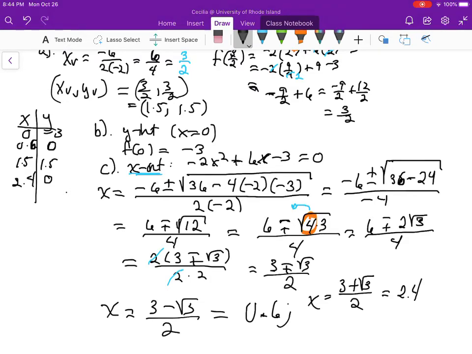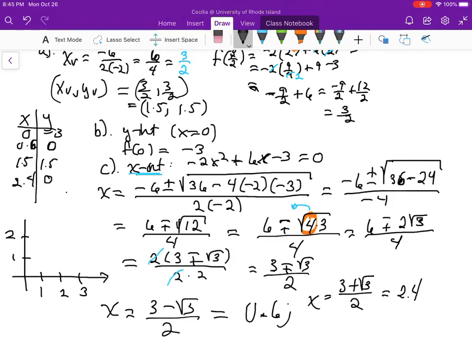So let's go ahead and come down here. We know we expect it to open down. And it looks like our x-intercepts are all on the positive x-axis. So if I count by 1s, 2, 3, and on the y-axis, I'm going to also count by 1s, 2.